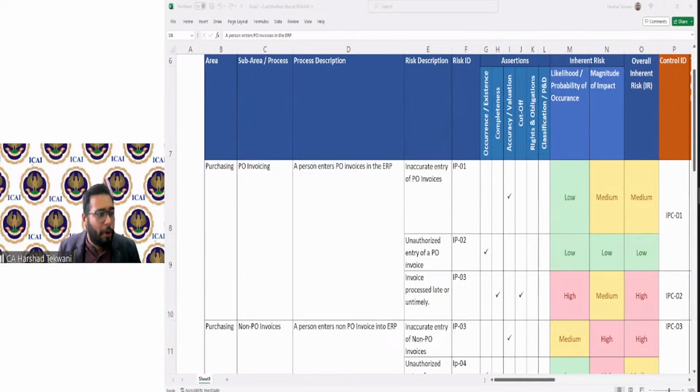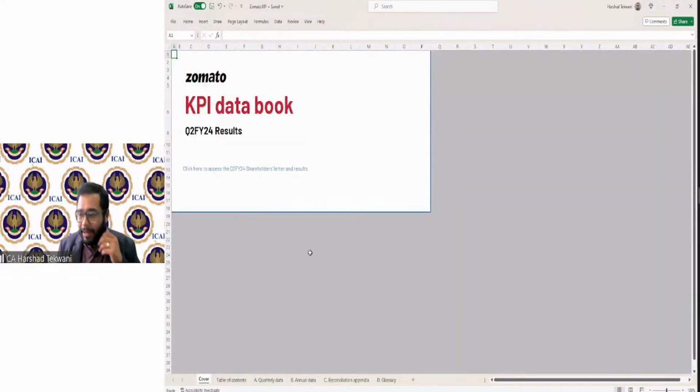Now, for example, when I talk about average order value, do you think it is going to be the same? It's not visible. Okay, sorry. Now I think it's visible. Visible now? Okay. So this is Zomato's KPI data book, publicly available data that is not restricted to me.